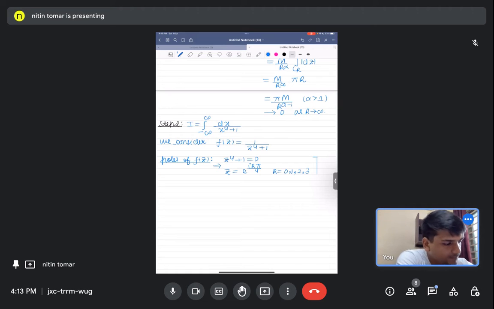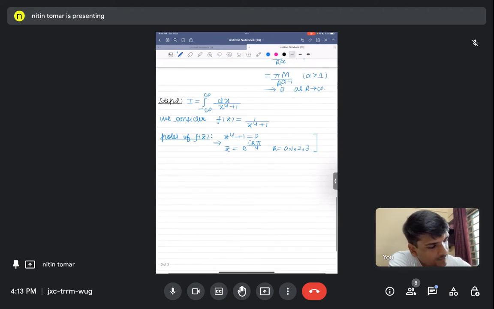e raised to i k pi by 4, e raised to i (k plus 1) pi by 4. Sorry, Darshana, can you repeat? e raised to i (2k plus 1) pi over 4. Let me make it simple for you. z^4 is minus 1, right?